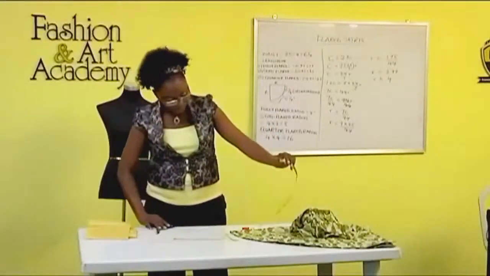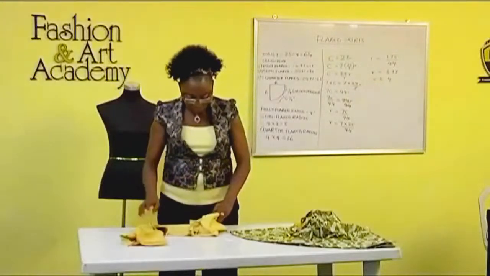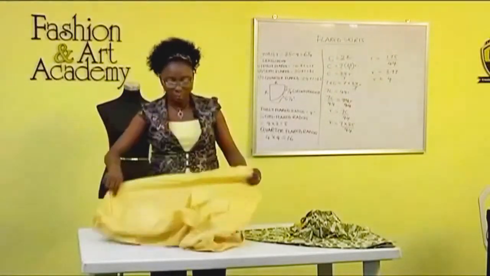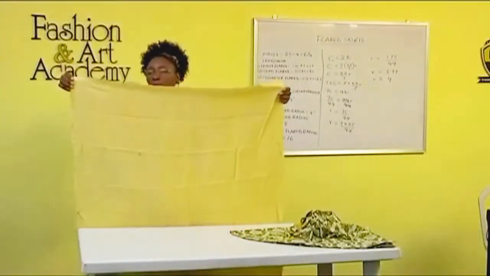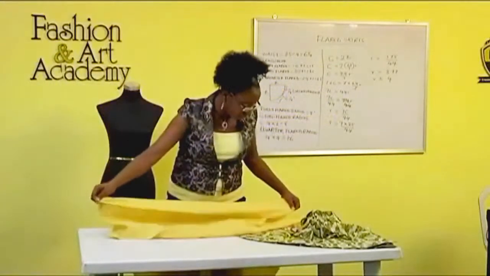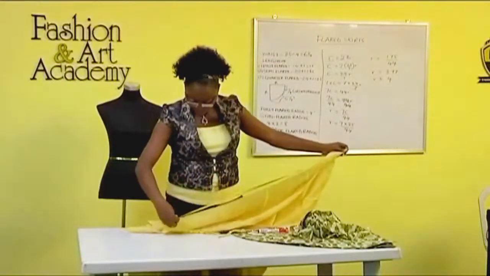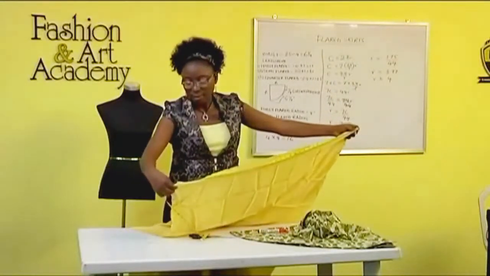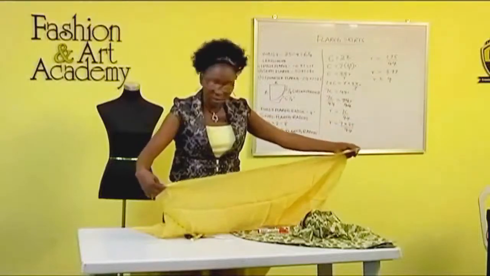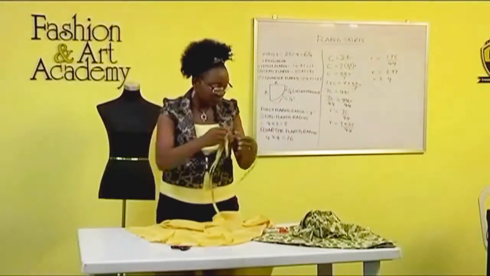I have a lining here that I'm going to use. So I'll just take this and fold it into 4. Let me see if I have enough length there. This is a little less, but since we're still going to subtract, it doesn't really matter.